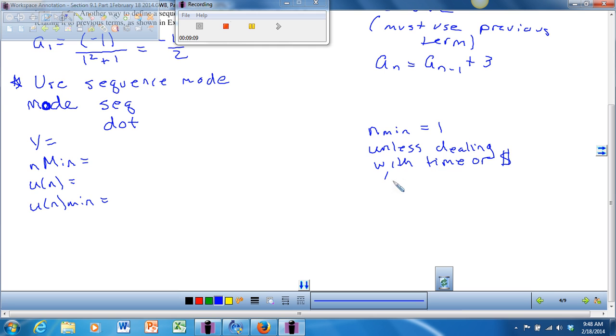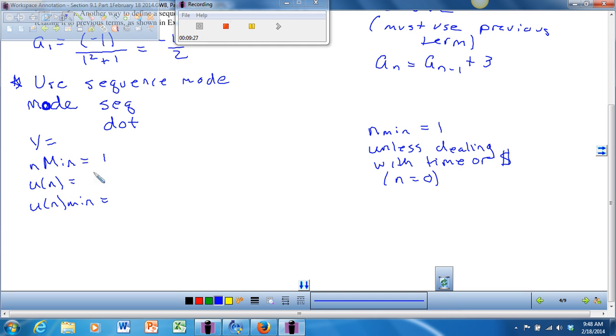When we're dealing with time or money, we'll start with n equals 0, a 0 term. Because we have some, like if we think about investments, we have some initial investment, and it doesn't grow until the end of the first year. So we start with time 0, and then have it change. But generally speaking, n min will be 1, so make your n min 1.